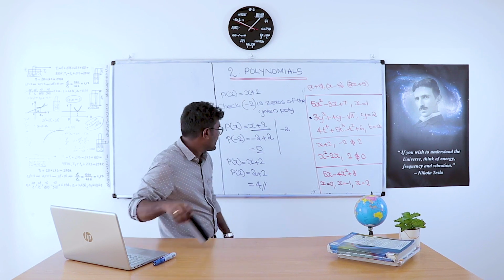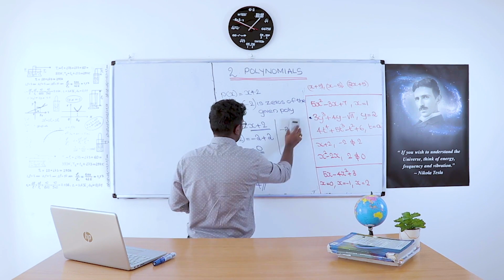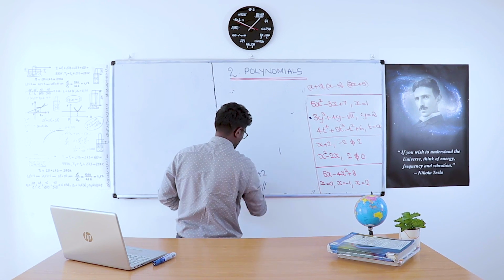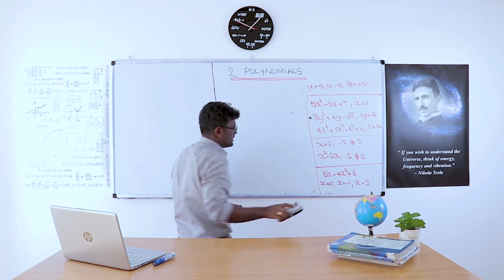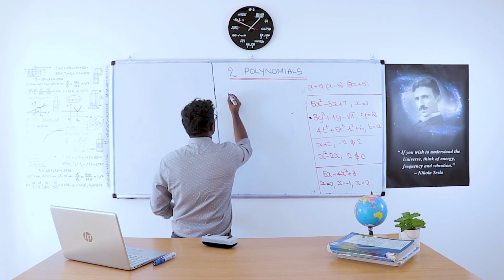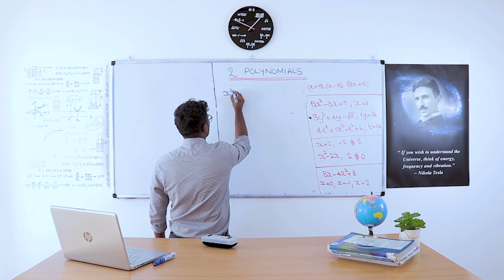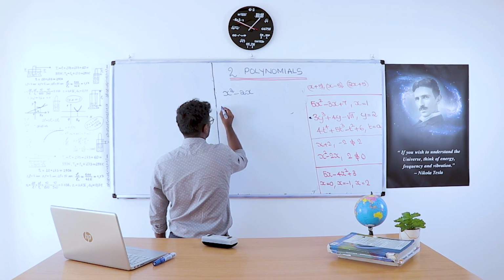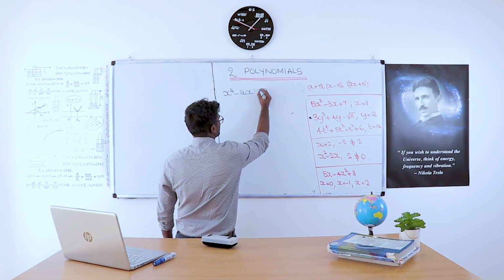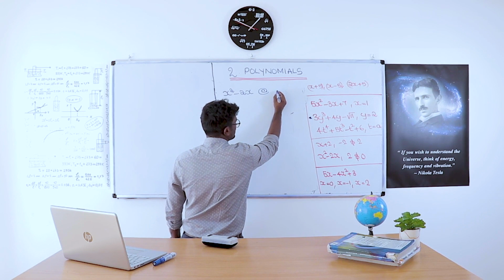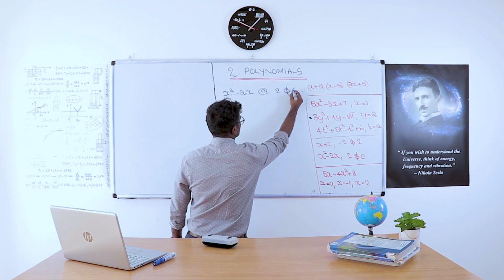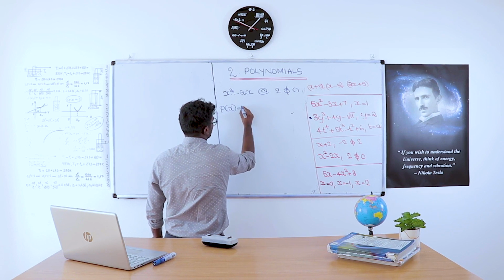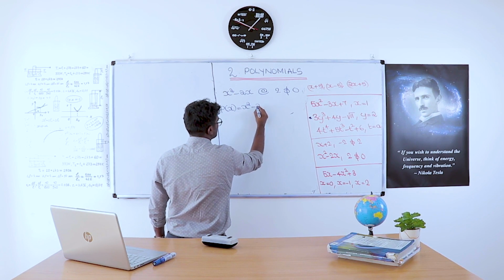So again we want to check one more thing. The next one is x square minus 2x. Check at 2 and 0. First of all, P of x is equal to x square minus 2x.